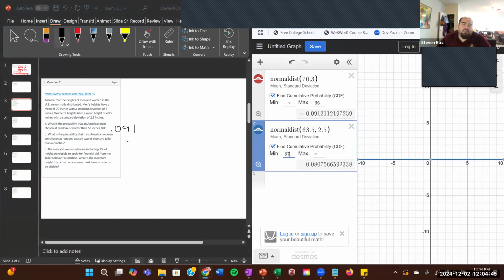So the rest of this we can treat as a Bernoulli trial, kind of like a binary trial. So basically we're going to choose 6 American women at random, and I want exactly 2 of them to be taller than 67 inches. So that'll be a combination where I'm going to choose 6 women, and of 6 women, I want to choose 2 of them, and I want there to be 2 successes.